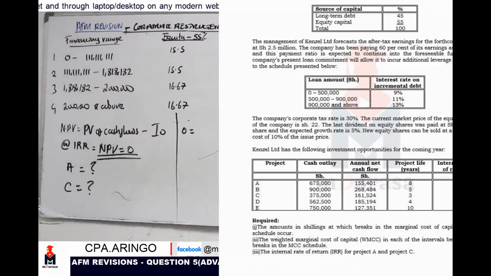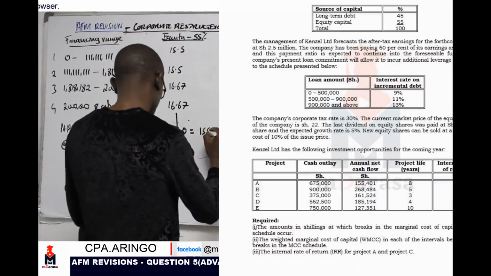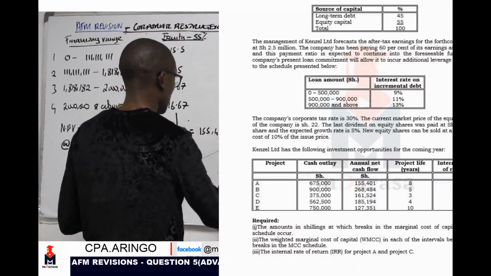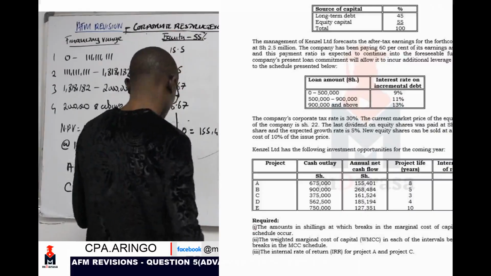Our cash flows for project A, kindly confirm. Project A, I was given a cash flow of 155,401 times our present value interest factor, right?